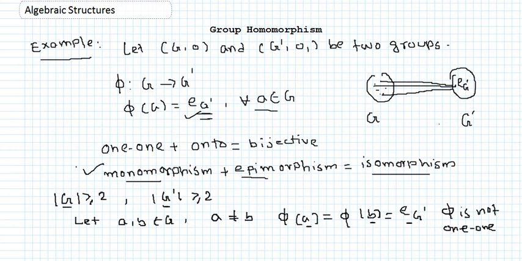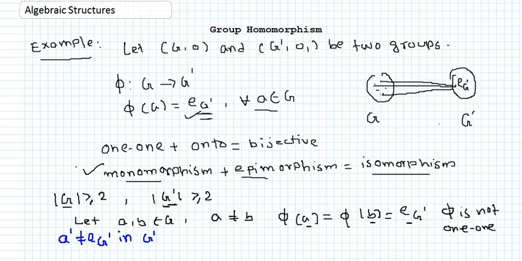Is this an epimorphism? If G' contains more than two elements, then obviously we have an element A' which is not equal to e_G' in G'.